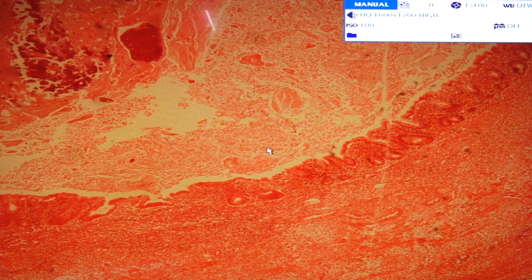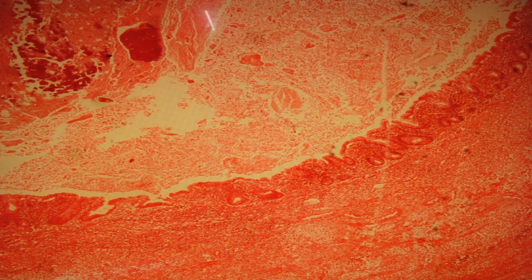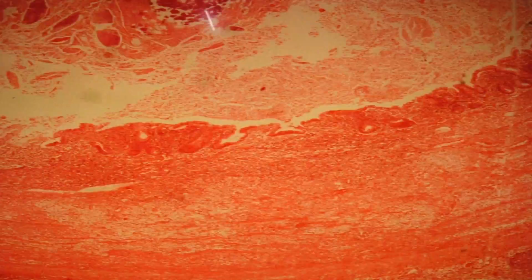So our first slide would be slide 28. This is acute appendicitis. If we look at the slide, you would see a sagittal section or a cross section of the appendix, and it is dilated.